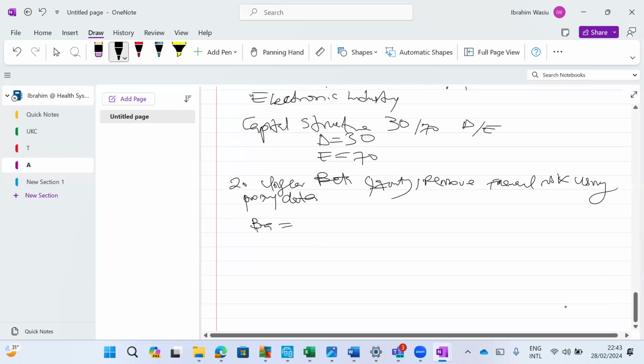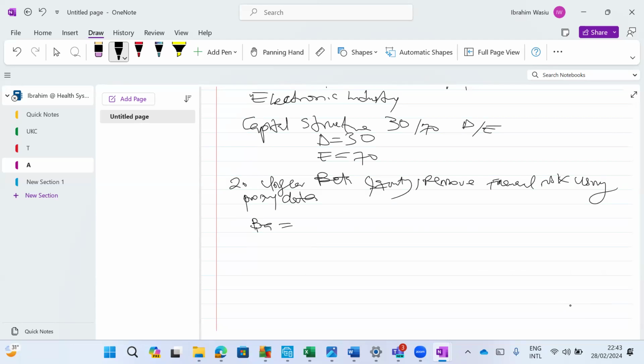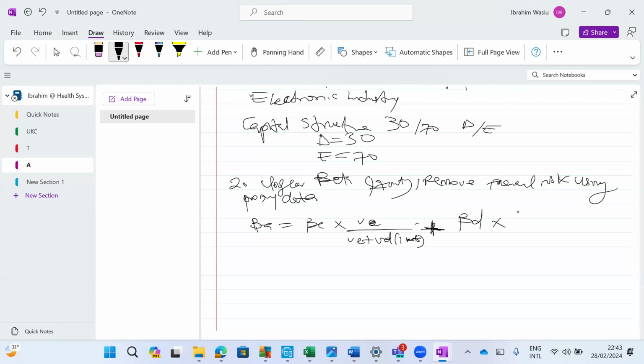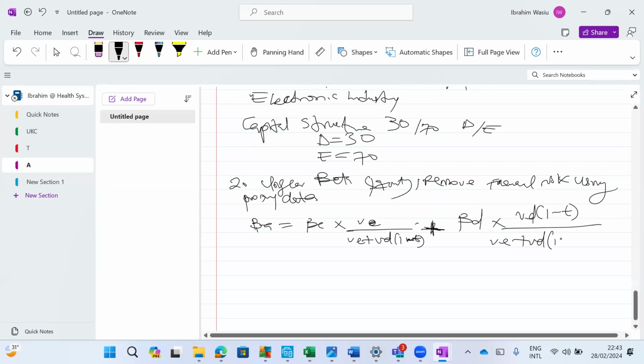The formula actually remains the same. So we have beta asset equals beta equity times VE, over VE plus VD(1 minus T), plus beta debt times VD(1 minus T), over VE plus VD(1 minus T).